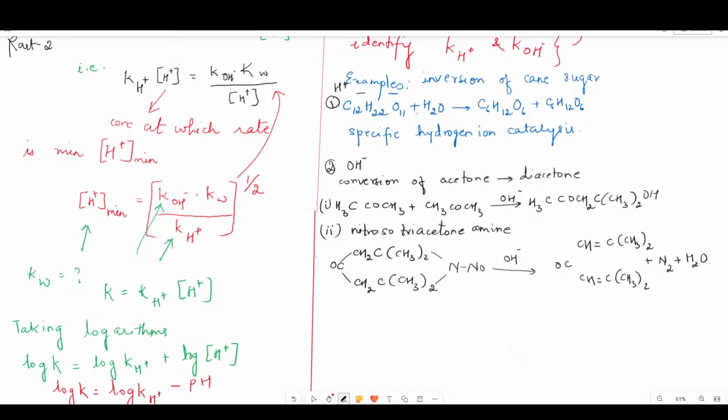These OH- catalyzed reactions come under the category of specific OH- ion catalysis, which we call base catalysis. Here it was specific hydrogen ion catalysis. Here it is specific base catalysis.